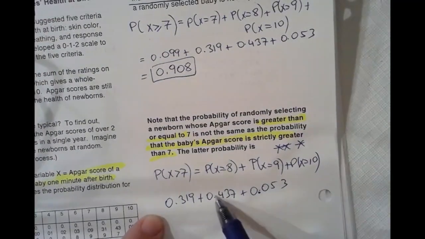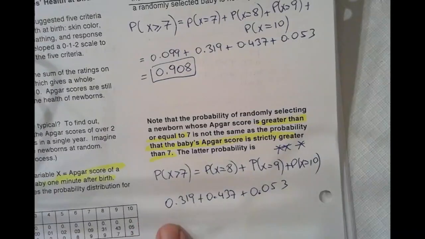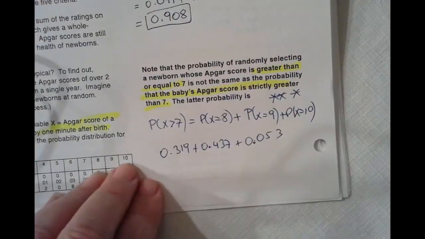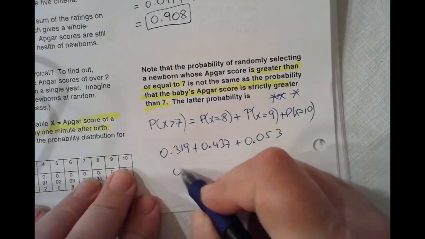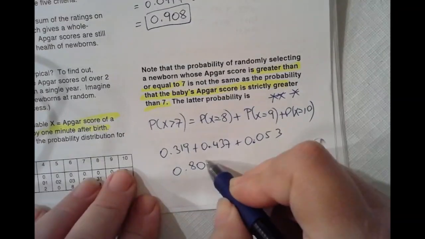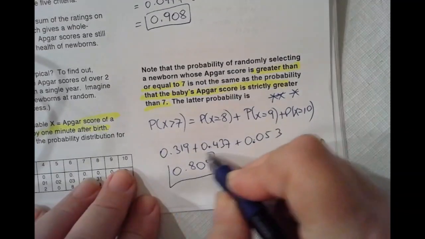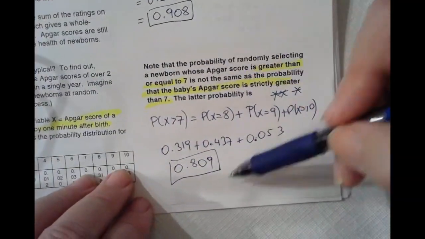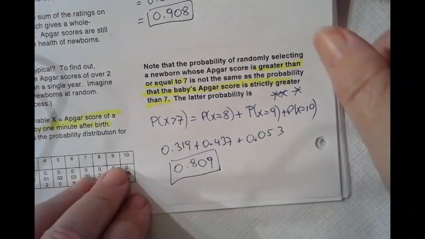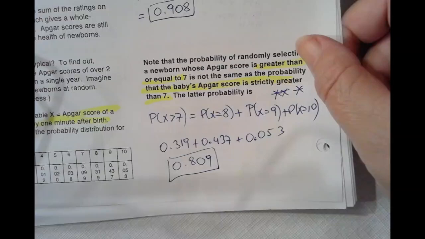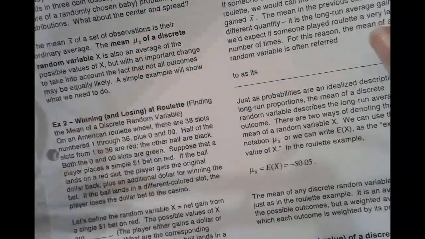And by the way, I suggest that you write the decimals, write the 0 in front of the decimal so you don't make a mistake. And so that would be 0.809. So 81% versus 91%. So make sure that you always, always, always pay attention to what information they give you and what you need to use.